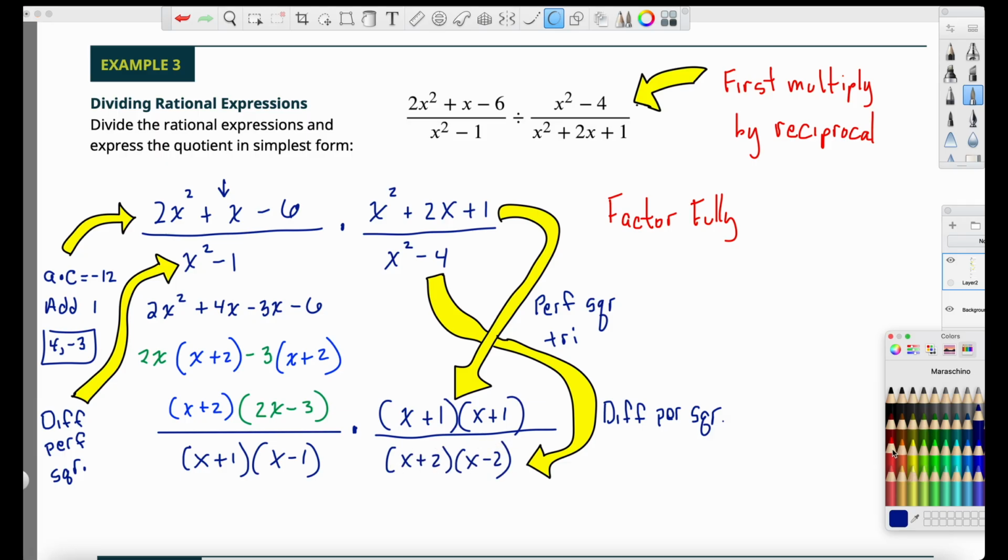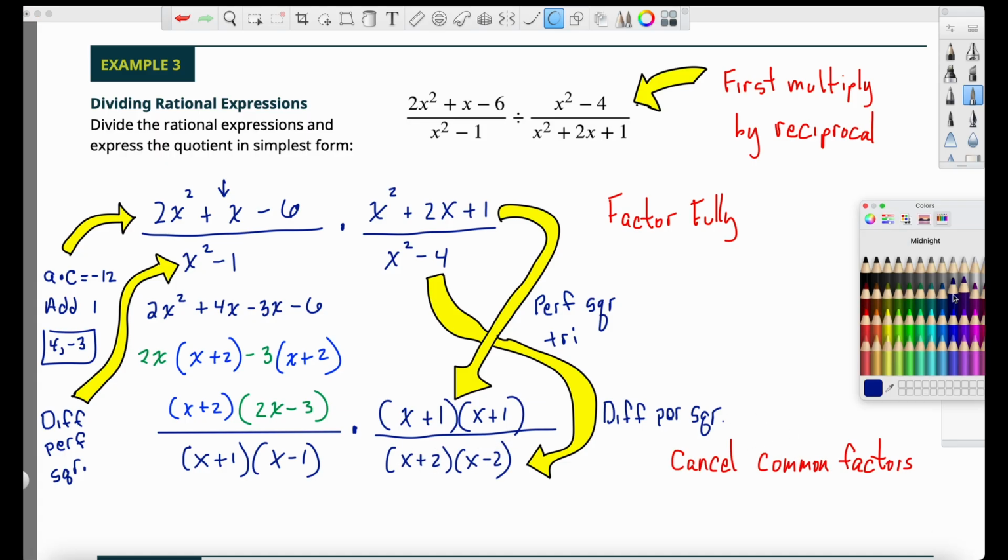So let's see, where are the common factors that would cancel? Well, we got an x plus 2 that would cancel, we have an x plus 1, and that's it. So I'm just going to rewrite the rational expression as one rational expression and box in my answer, and I'm done.